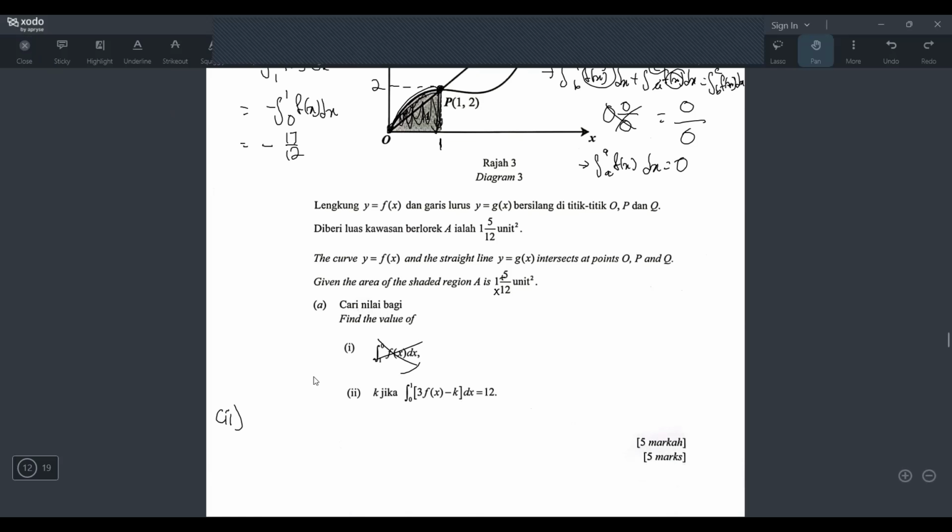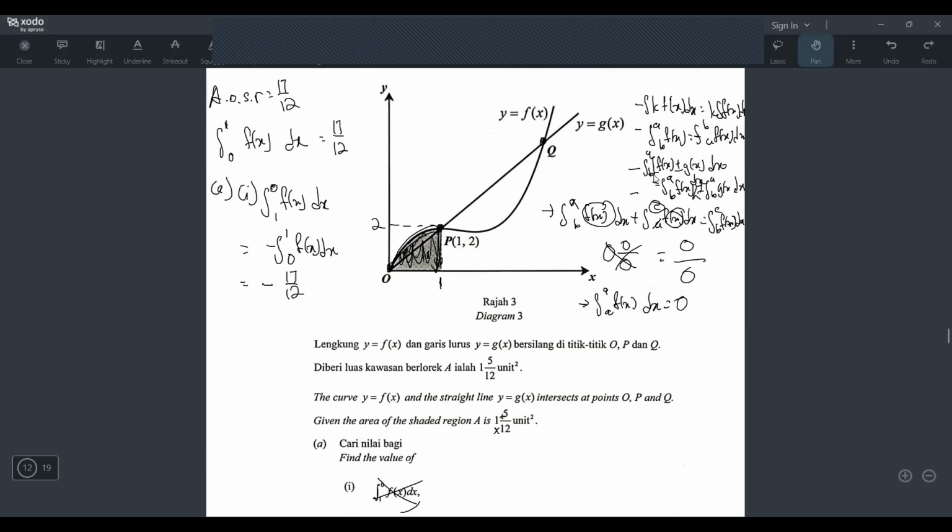Integrate 1 to 3 of f(x) minus k dx. Obviously, you will use this property, where you separate it. But I wrote it and it's very hard to see because my handwriting is so ugly. So let me just write one more time for you. Okay, so the third property is like this.